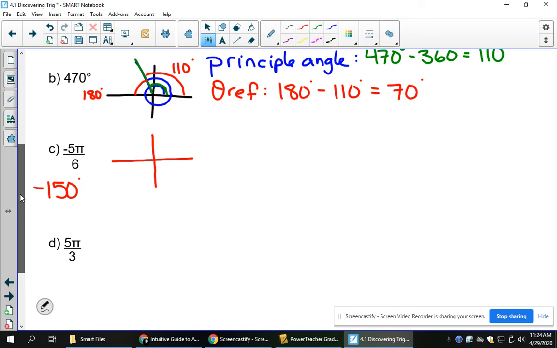An angle of negative 150 is going to go, instead of counterclockwise, clockwise, but it's still starting on the positive x-axis. It's going to go negative 90, negative 150. It's going to be right there.